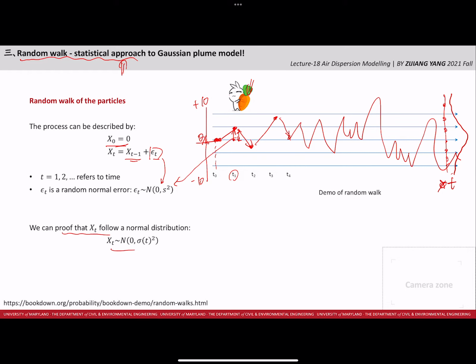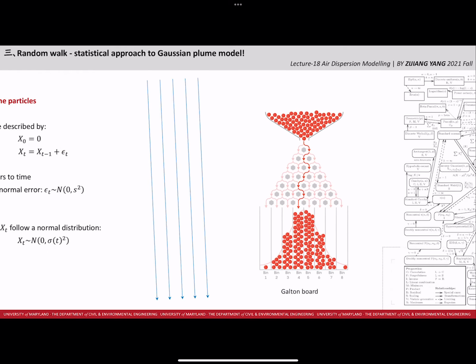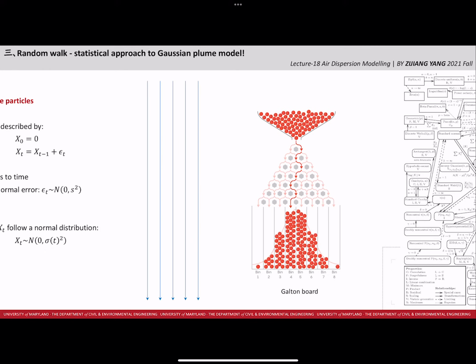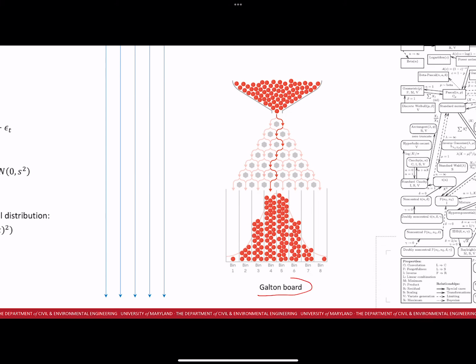And if this is a little bit abstract, we can understand it like this. We can just transform it into the vertical one. And I guess you guys are already familiar with the Galton board in a statistical class. If we have so many balls and we just let them fall, we can see that the distribution of the balls will be like this.